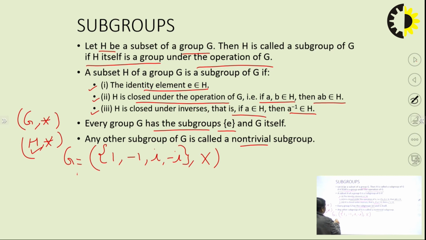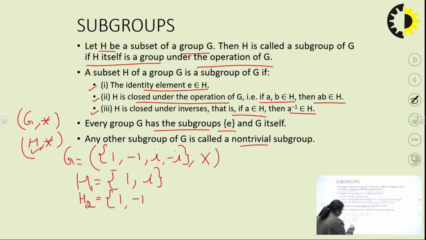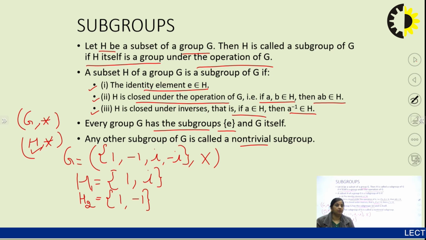Let me take H1 as 1 and iota, one subset, and another subset H2 as 1 and minus 1. What we need to check is whether H1 is a subgroup or not, and whether H2 is a subgroup or not.